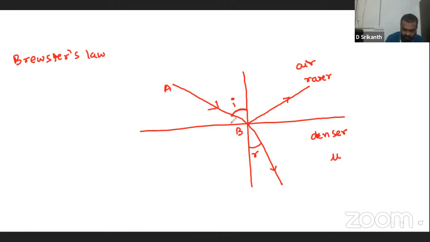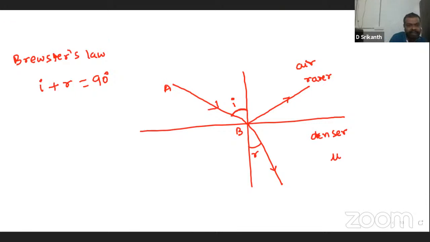Now, according to the properties of wavefront, Brewster considered that the sum of the angle of incidence and angle of refraction will be 90 degrees. The reflected wavefront will be perpendicular to the refracted wavefront.